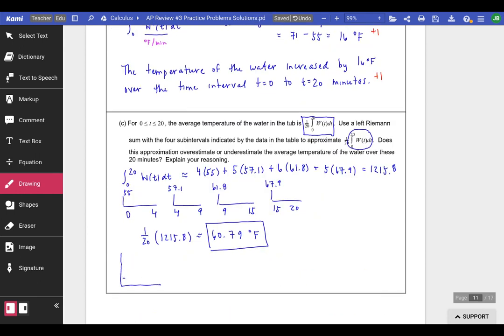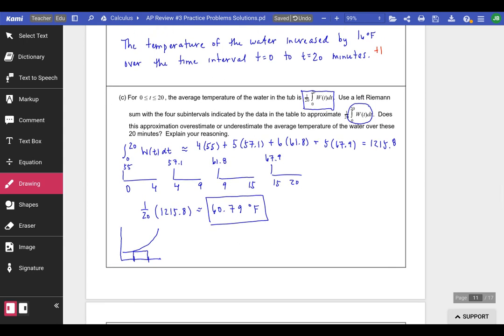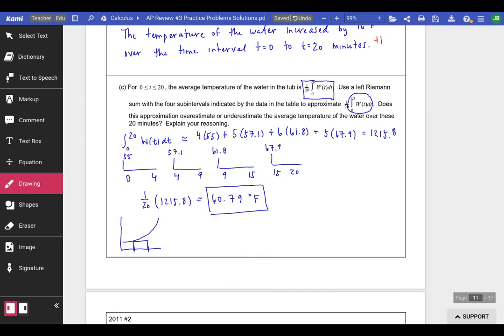So I'm going to draw a sketch. I've got an increasing function over some interval, and I'm using a left Riemann sum. So that left endpoint determines the height of my rectangle. Then we can see that rectangle lies below the curve, so our answer is going to be an underestimate.